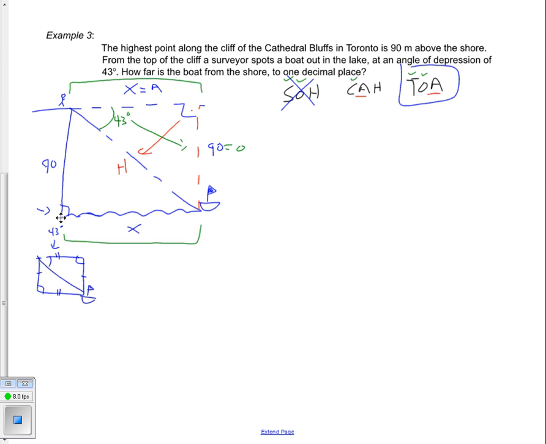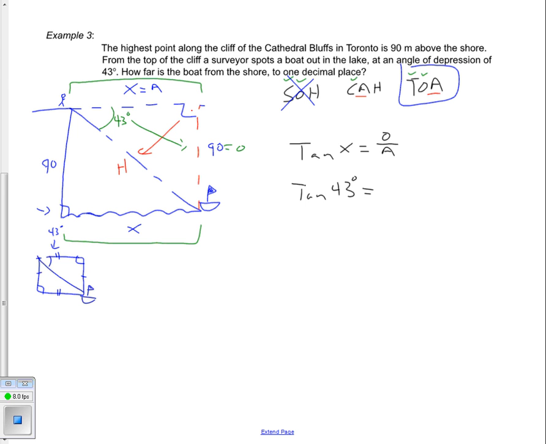So we're going to use the tangent ratio. In this case, tan of x is equal to the opposite divided by the adjacent. So tan of 43 degrees, because 43 degrees is our angle of depression. Always looking down, that's why it's depression.